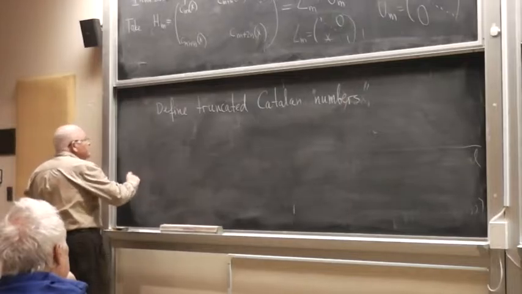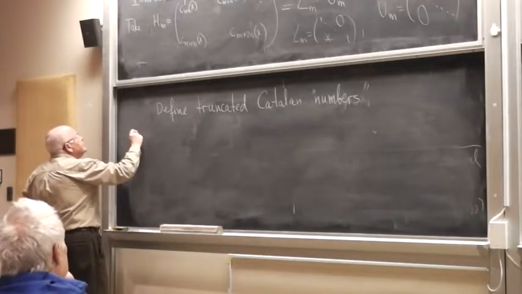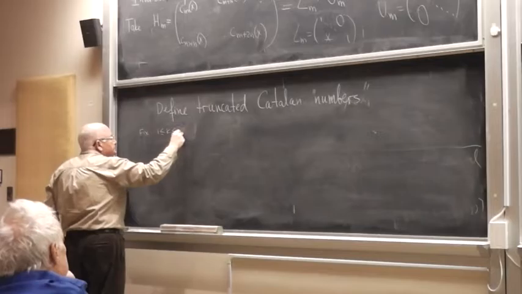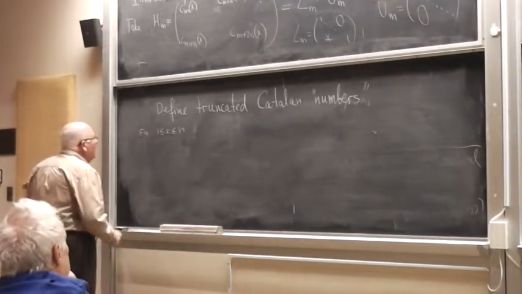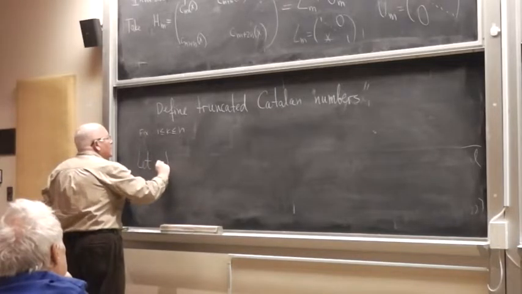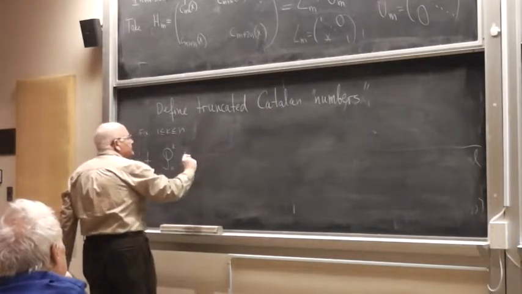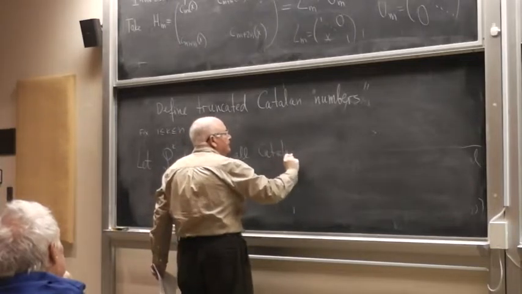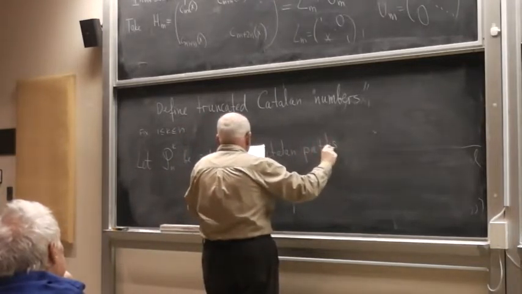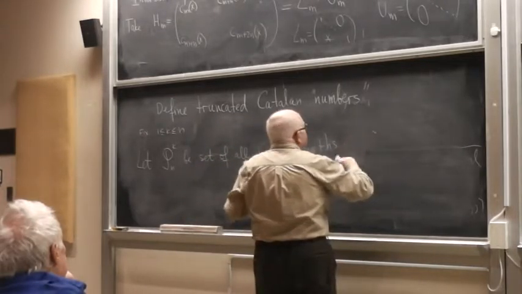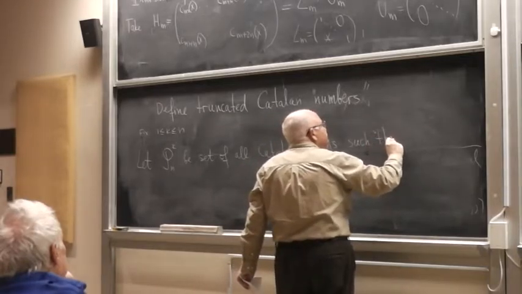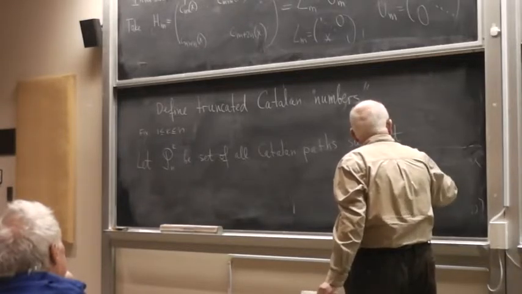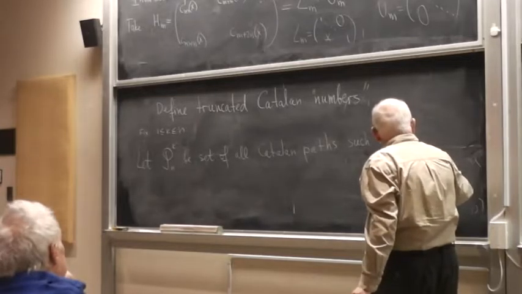So let's fix this k and n, and let P k be the set of all Catalan paths such that, the Catalan path looks like this until you arrive at the last point.